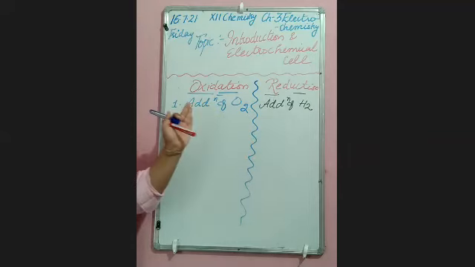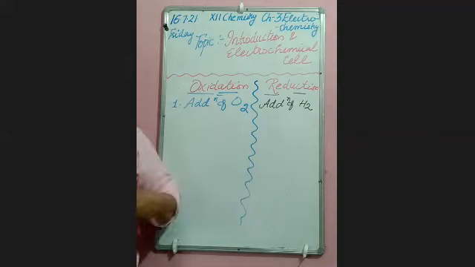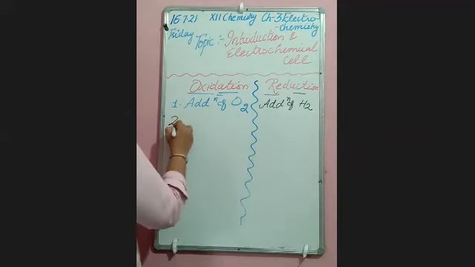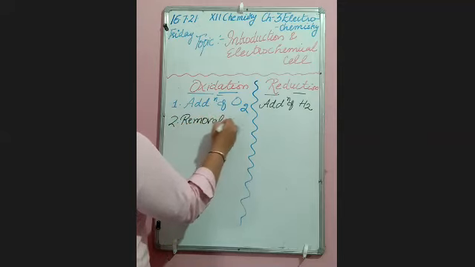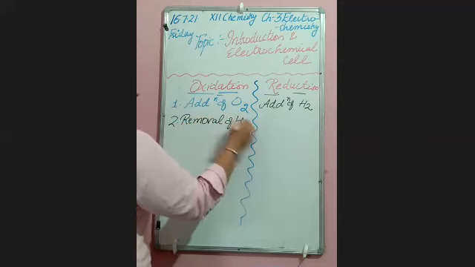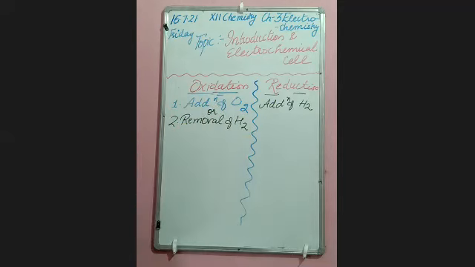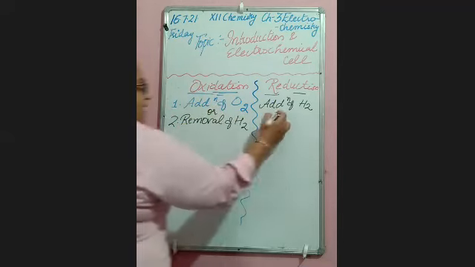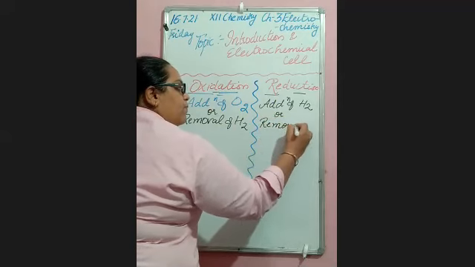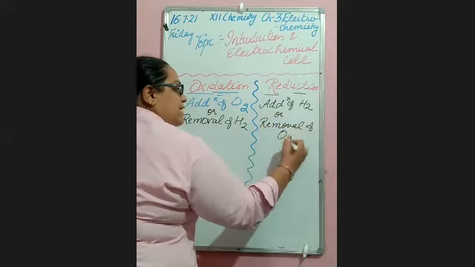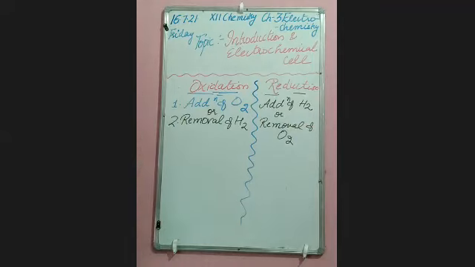And if oxygen is added, that is oxidation. Or if removal of hydrogen takes place, that is also oxidation. And if removal of oxygen takes place, that is also reduction.